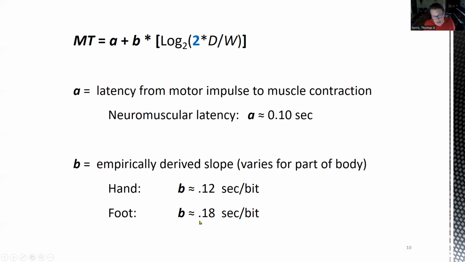If it's a foot, 0.18 seconds per bit. So don't forget this. I may very well give you a problem in your homework that depends on knowing, am I moving the hand or am I moving the foot? Make sure you use the right constant.